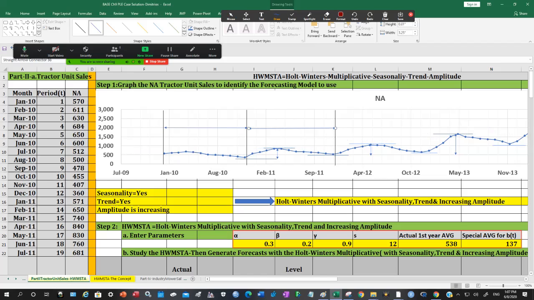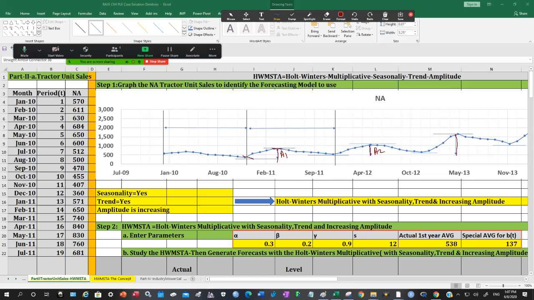Amplitude is the height from the lowest to the highest in subsequent seasons. So here is the amplitude. This is amplitude 1. Here is the other amplitude, amplitude 2.